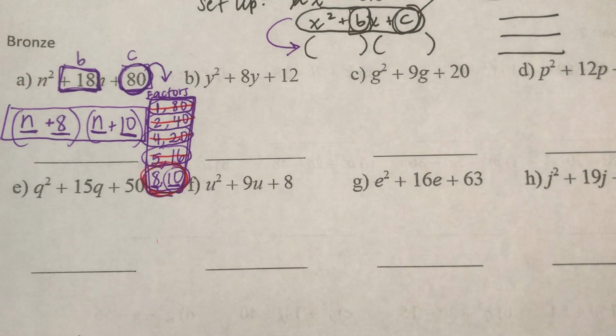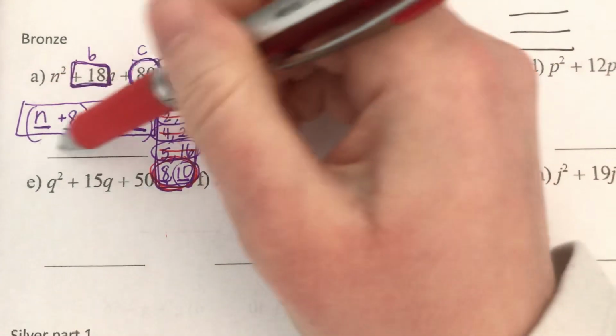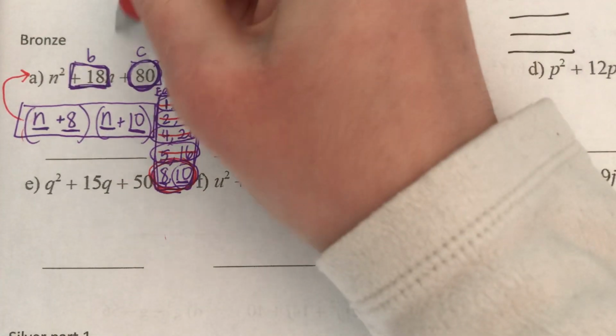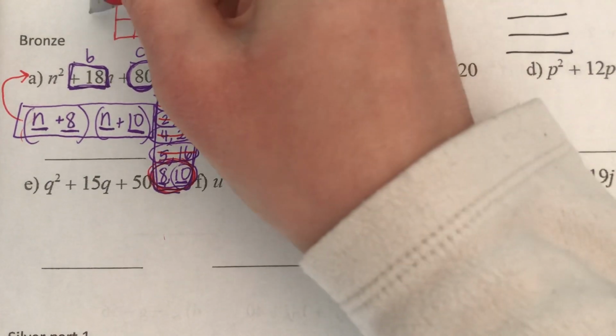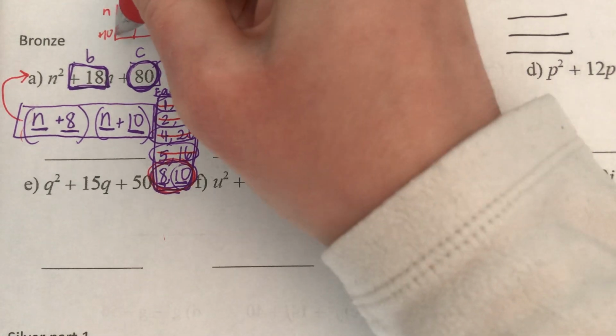How can we check, you ask? We can go back and use that method that we used to do the opposite, when we were going from double brackets and expanding these out to get this format. So you could draw that box and do n plus 8 and n plus 10 and then multiply everything all together.